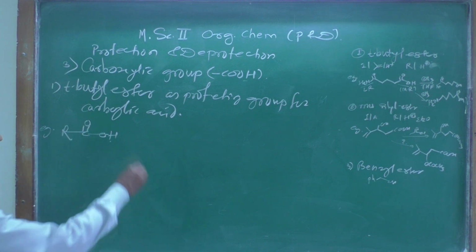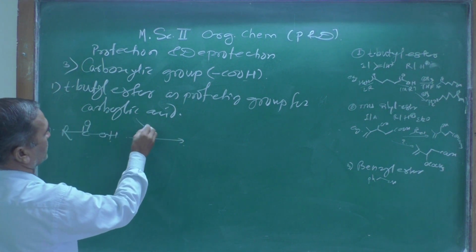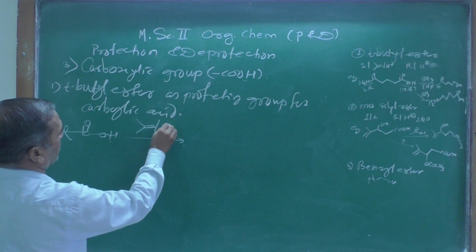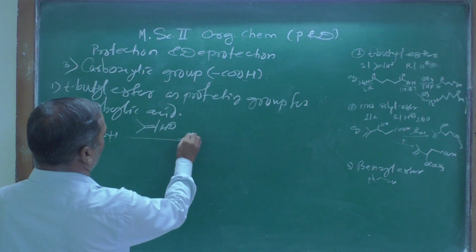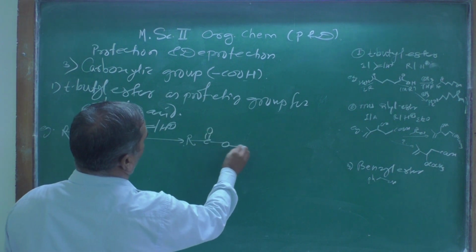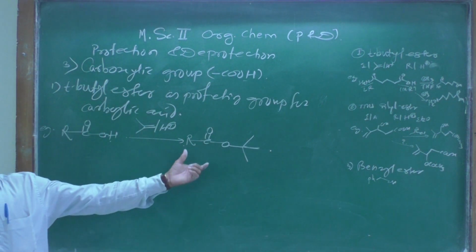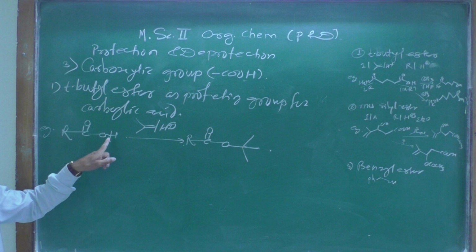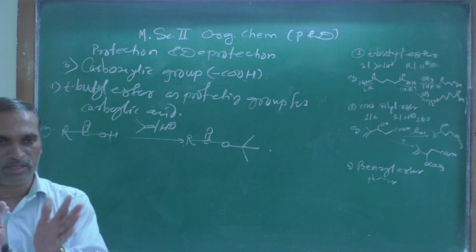Therefore this will be treated with this one, C double bond, H plus. What are you going to get here? You are going to get R, C double bond O, and this tertiary butyl group, that is a protected carboxylic group. This proton we replaced by that bulky group.